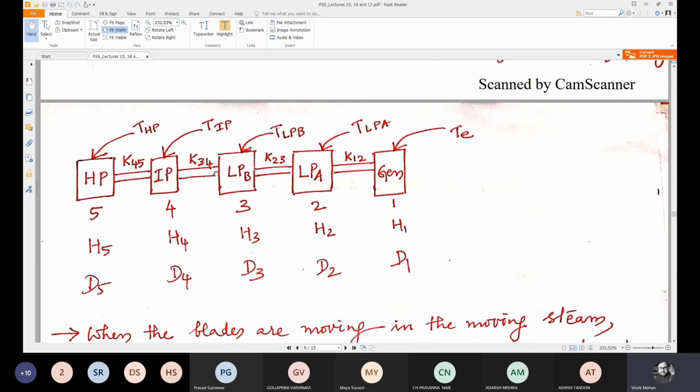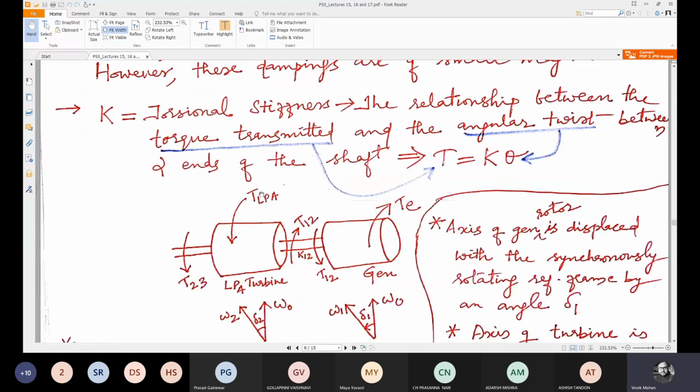But the net twisting happens because of all these twists in each of the shafts: between 4 and 3, between 3 and 2, between 2 and 1, and the net twisting between 1 and 5. All these could be found out if we know the stiffness constants such as K45 and the torque, because K into theta is torque. Our aim is to find theta from torque and K.